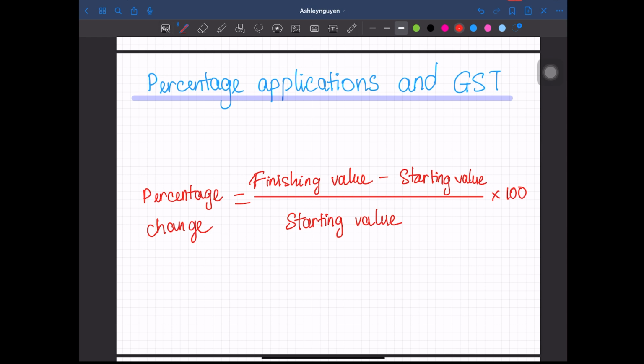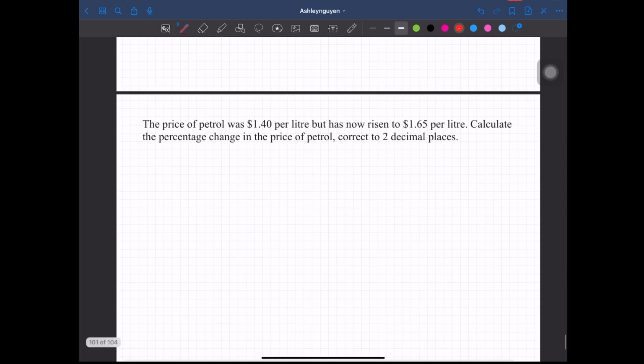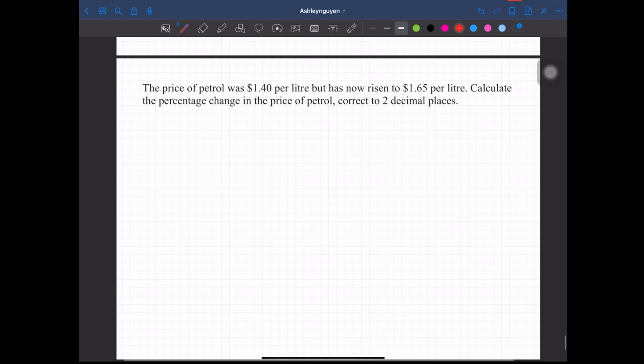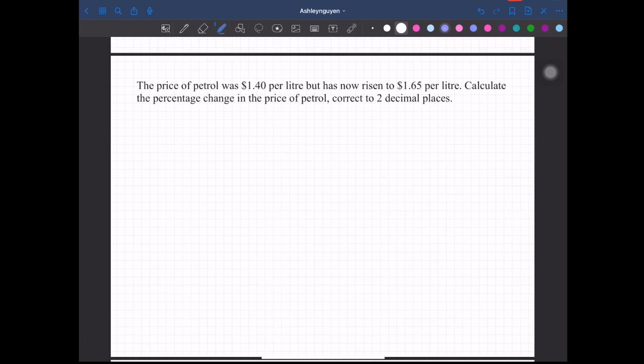So that is the formula that we're gonna use. So how to use it? Let's come to the example over here. Let's solve the following question to see how we use the rule to find the percentage change.